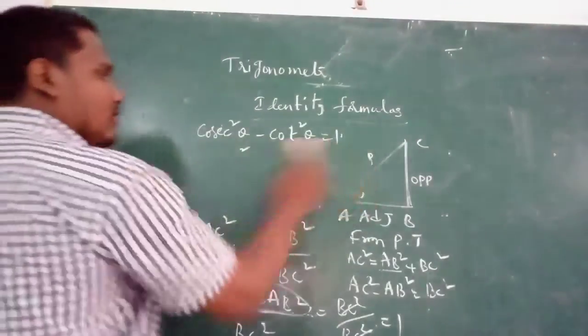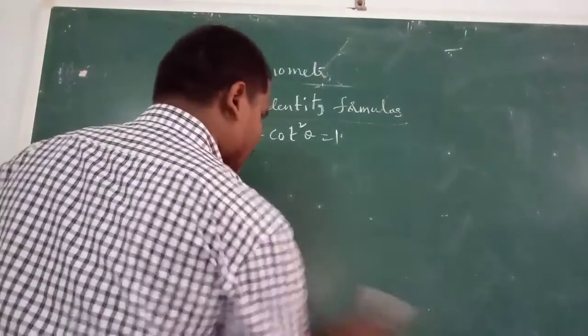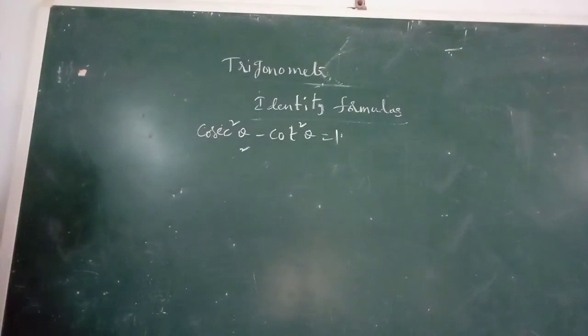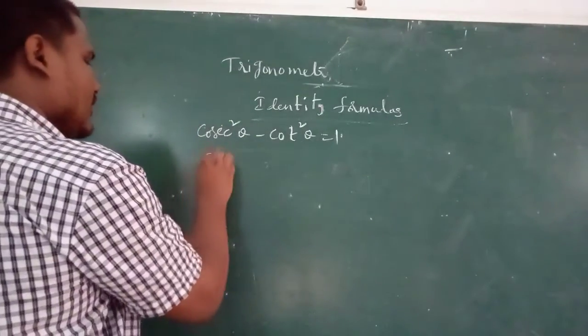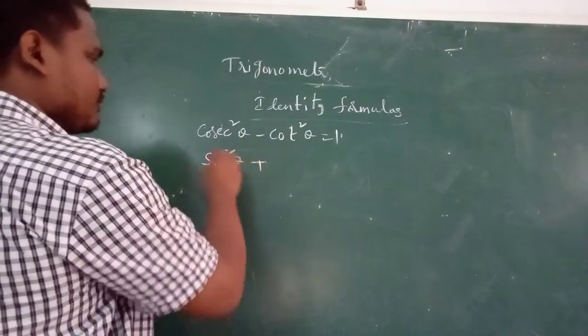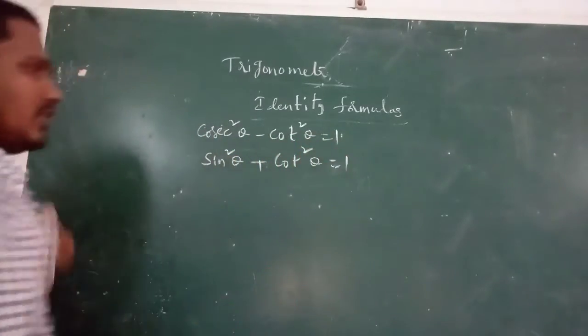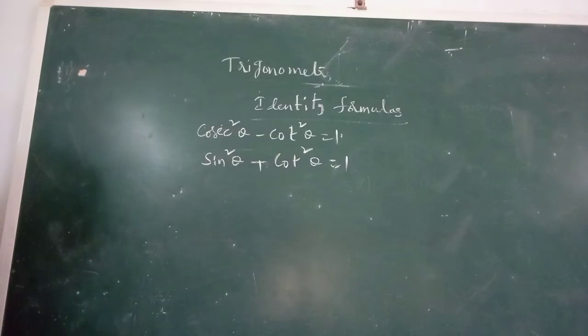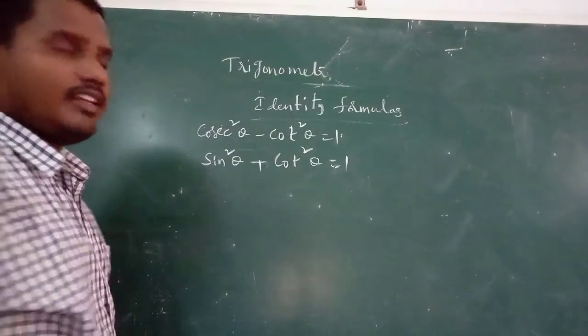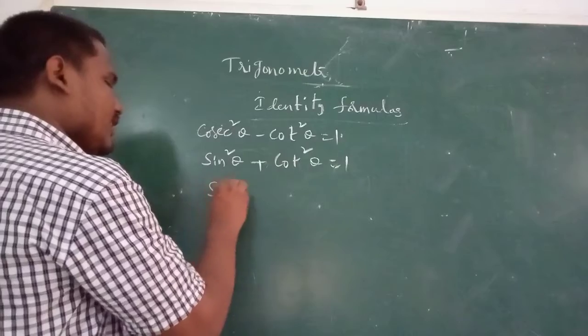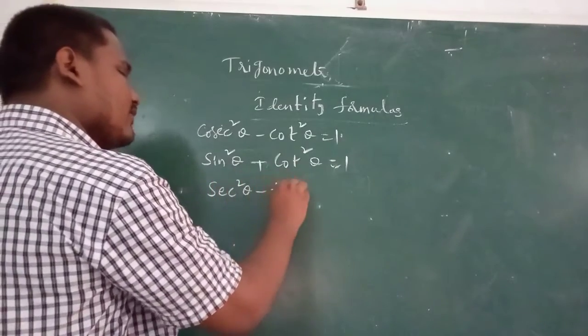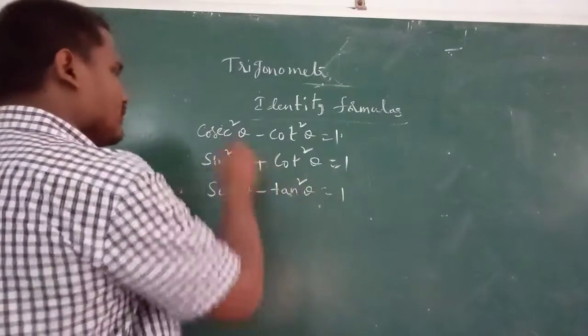Finally, we are getting three formulas in this. We are getting three formulas, that is, the identity formulas. Cosecant square theta minus cot square theta is equal to 1. Sin square theta plus cos square theta is equal to 1. Secant square theta minus tan square theta is equal to 1.